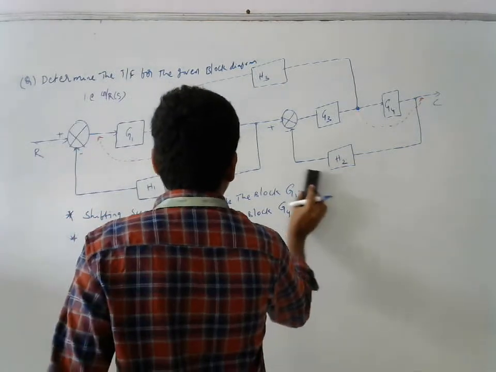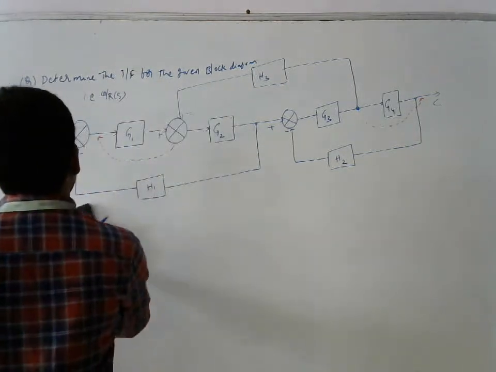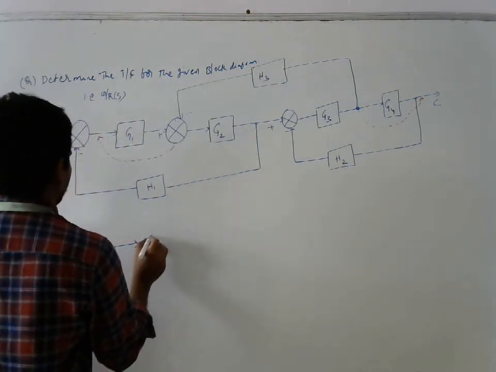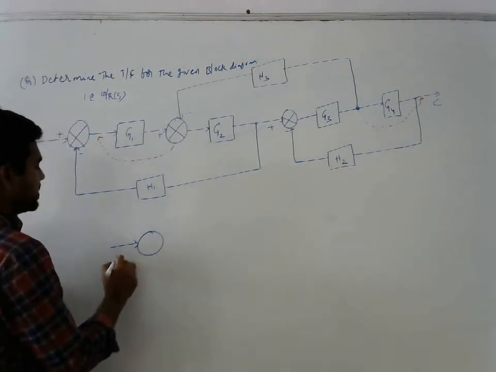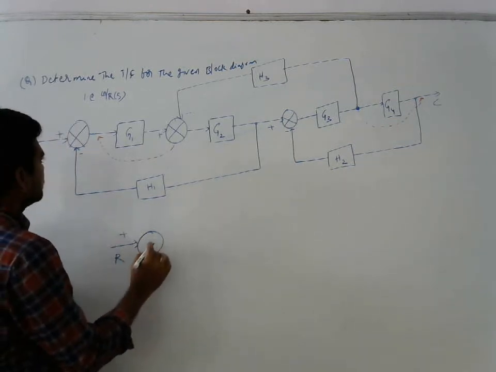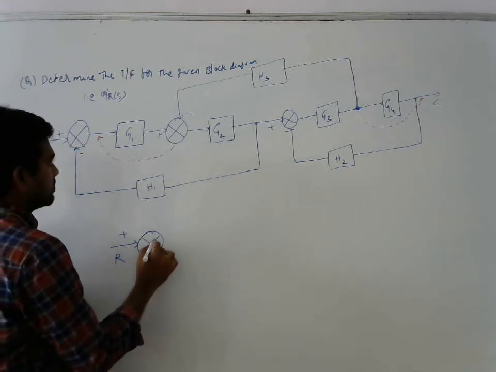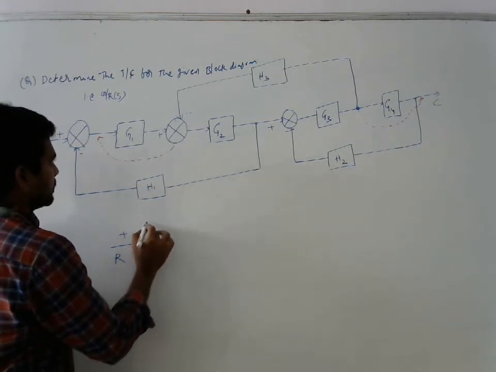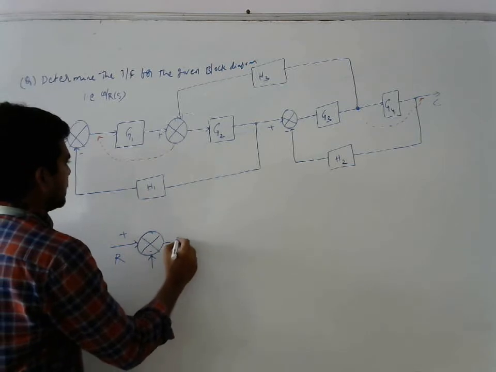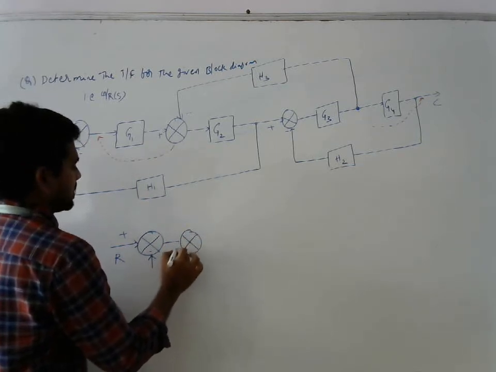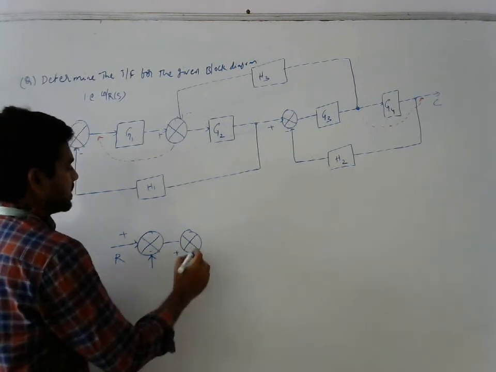The two rules I am going to apply here give the next equation. This is R. This will not change. Here we are going to shift that summing point like this.